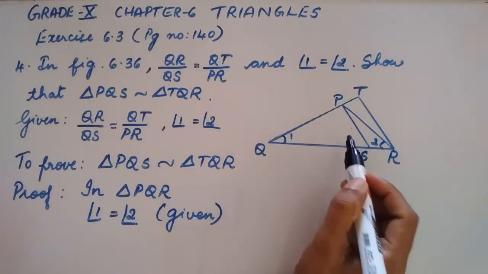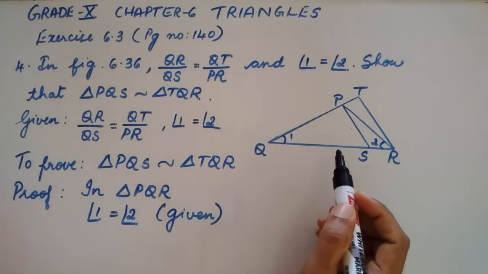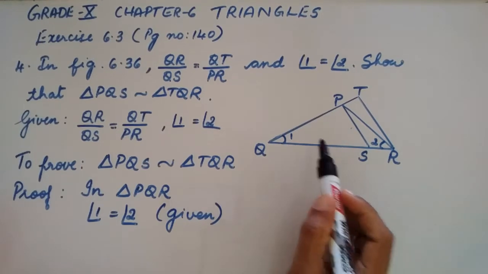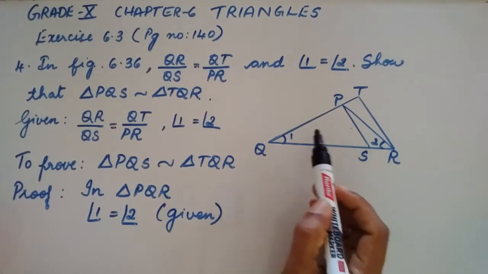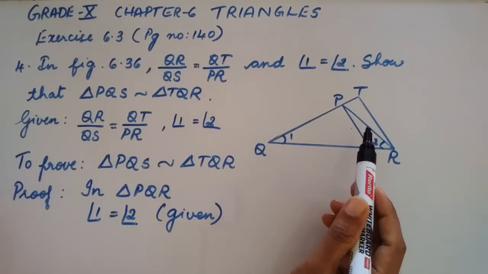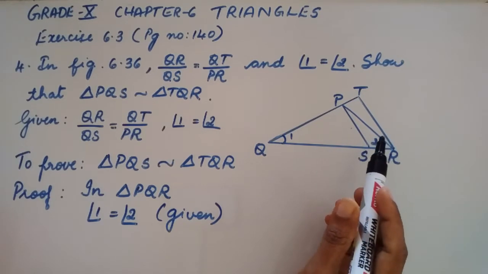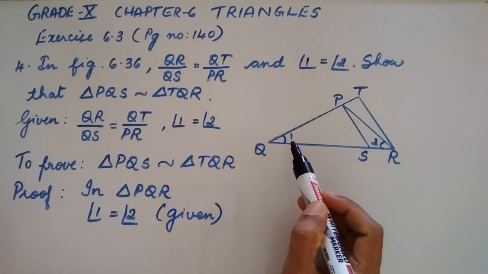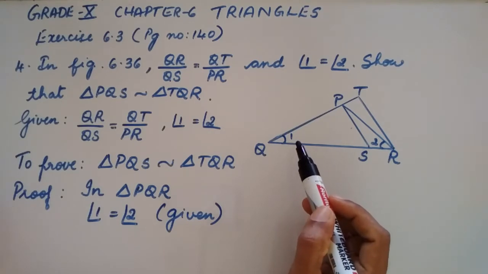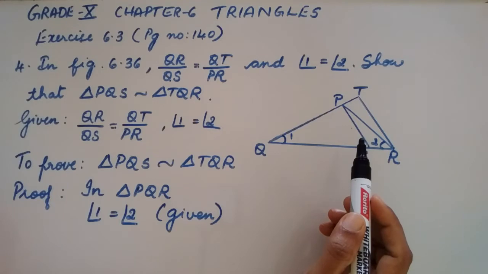And we know the definition of the isosceles triangle. What is an isosceles triangle? Isosceles triangle is a triangle whose two sides are equal. And what is one of the properties of the isosceles triangle? It says the angles opposite to the equal sides are equal in measure.